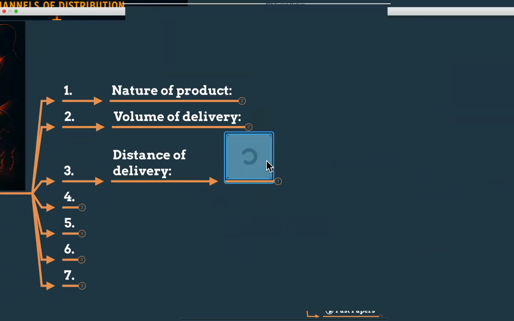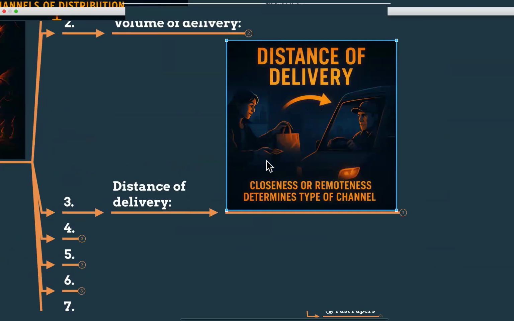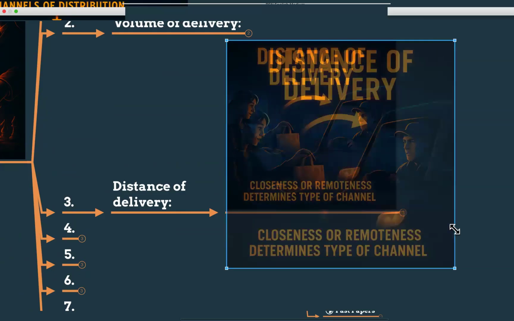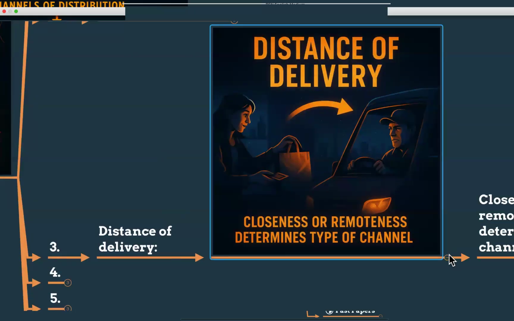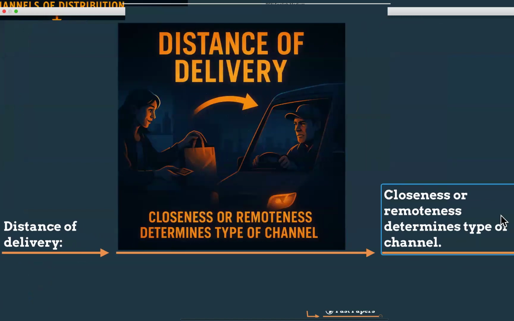At the same time, the distance of delivery, right? The distance of delivery means how far the products must travel, the kilometers, right? Sometimes if you are selling locally, within your nearby area, very close, you can do direct distribution.